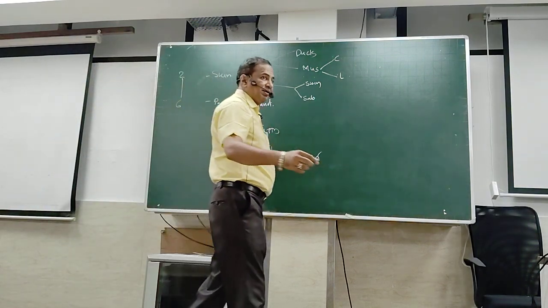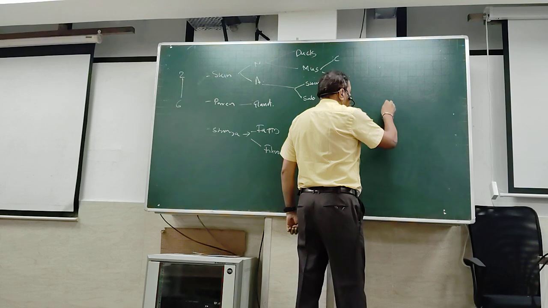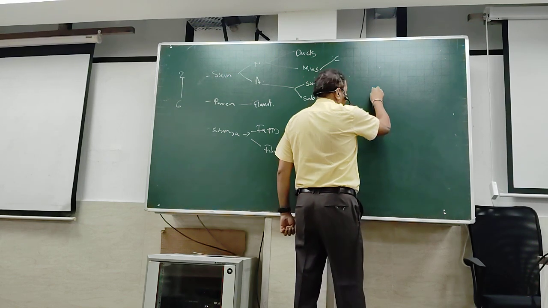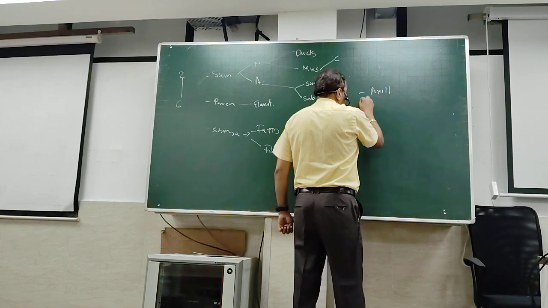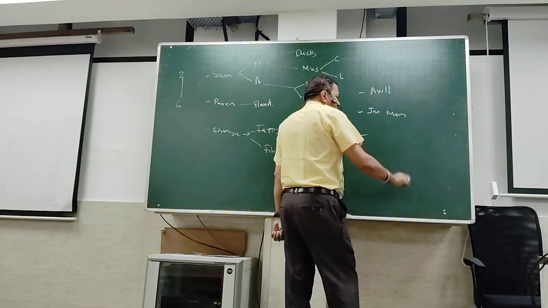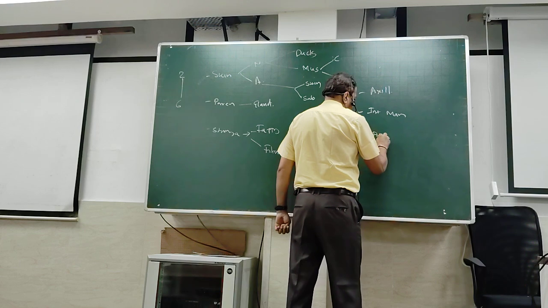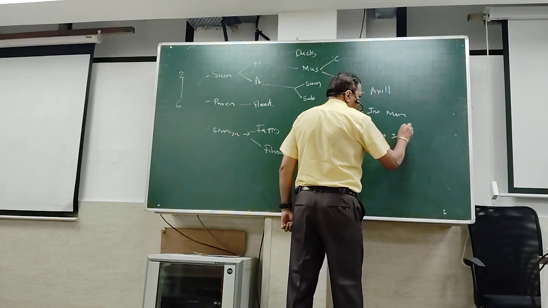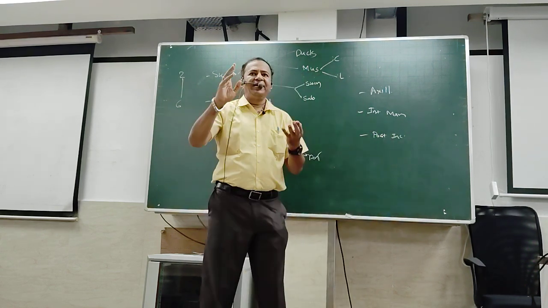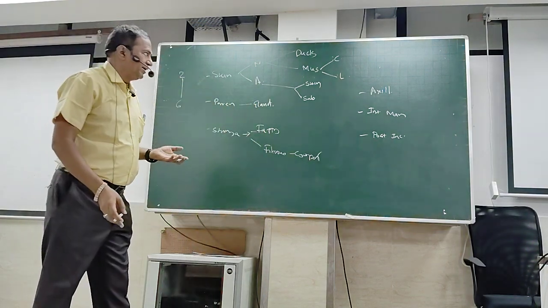As regards the blood supply, lymphatic drainage, venous drainage, there was only one formula you had to remember, only three words: axillary, internal mammary, and posterior intercostal, whether it is blood supply, venous drainage, or lymphatic drainage.